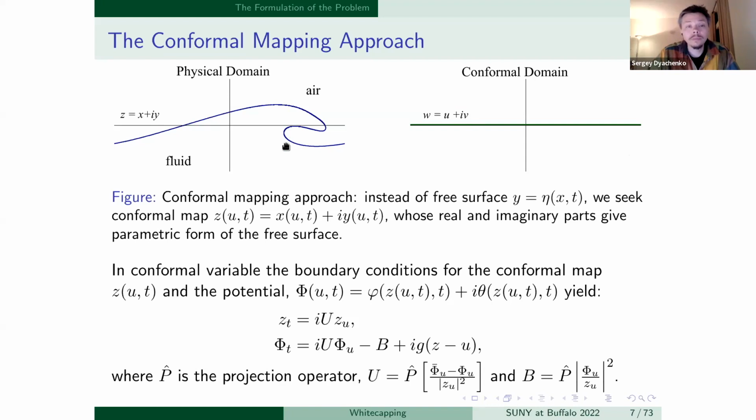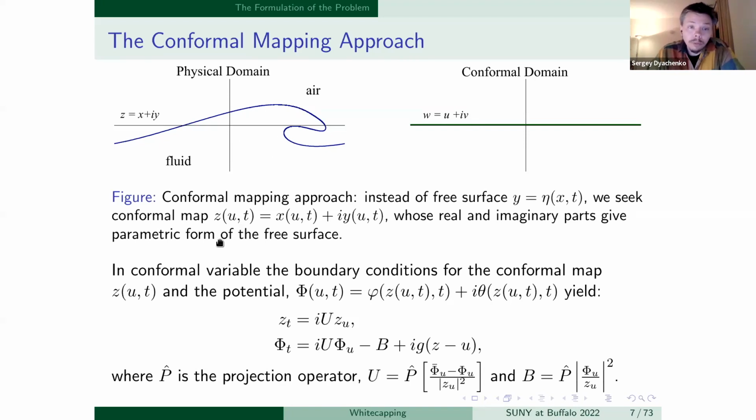So here, fluid is below this blue line and air, or vacuum, is above. So a conformal mapping will map the lower complex plane on the right to the fluid domain on the left, below this blue line.